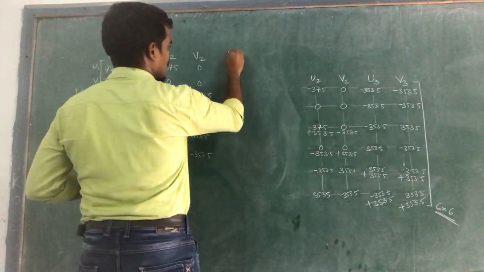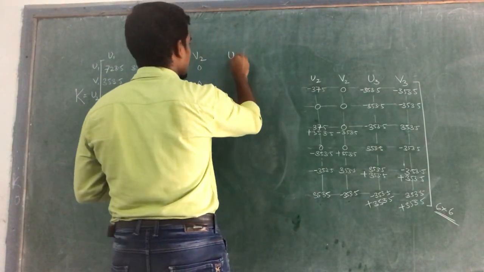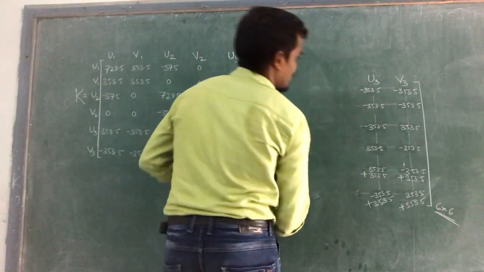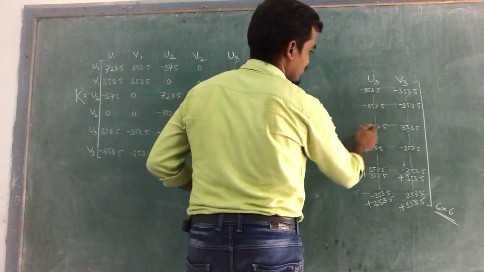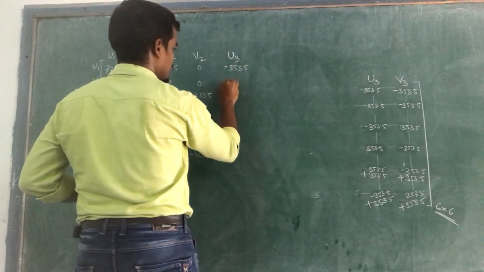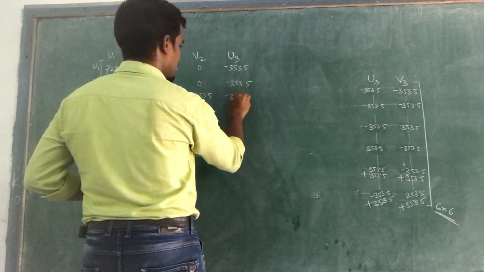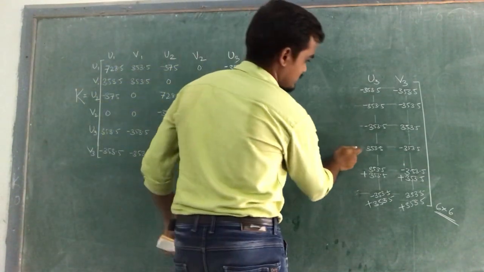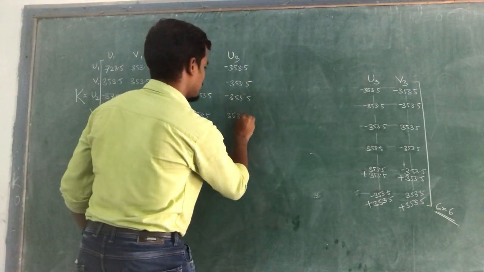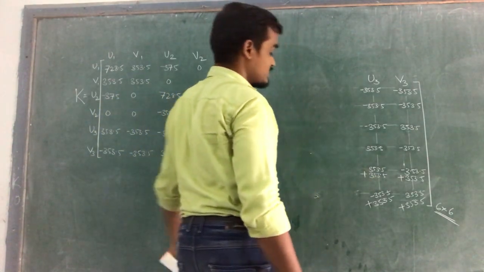Then U2. Sorry, U3. Up to this we have covered. Now minus 353.5, minus 353.5, minus 353.5, then 353.5, 353.5 plus 353.5.